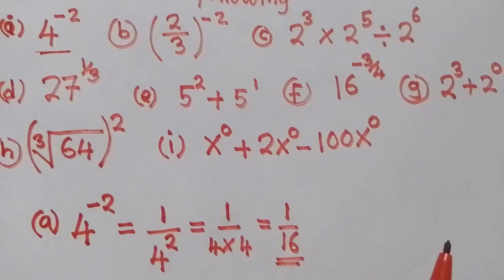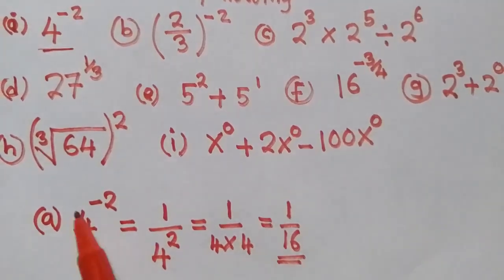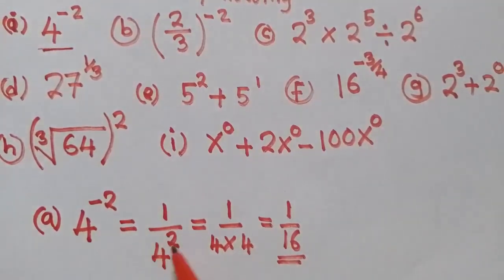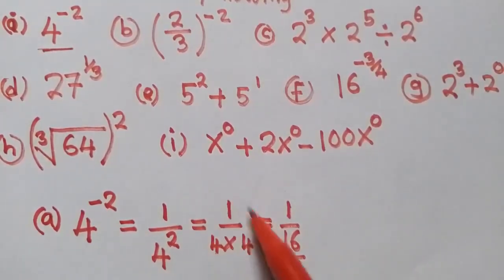When you know what you are doing, 4 to the power negative 2 is 1 over 4 to the power 2, which is just the same as 4 times 4. So you can exclude this part, and you know that 4 to the power 2 goes directly as 16. That's how you need to go about that one.